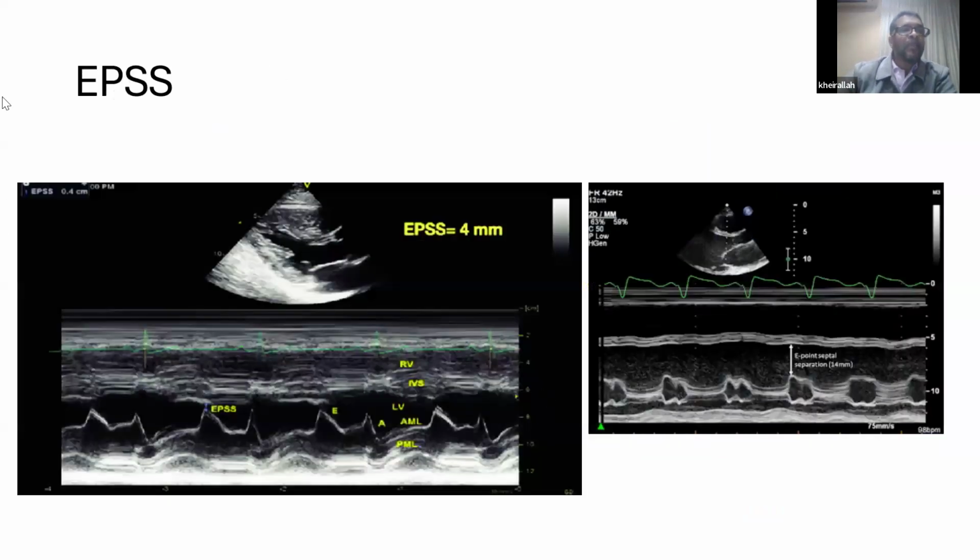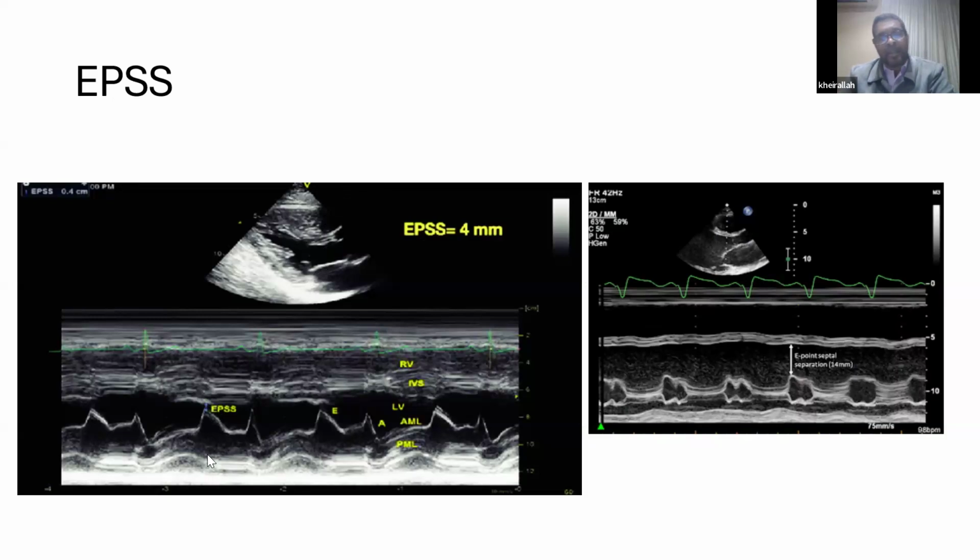Now we have this concept, EPSS. This stands for E point to septal separation. So this is again an M-mode measurement. How do we get it? We drop our cursor intersecting the mitral valve and we press on M-mode, and here is what we get.